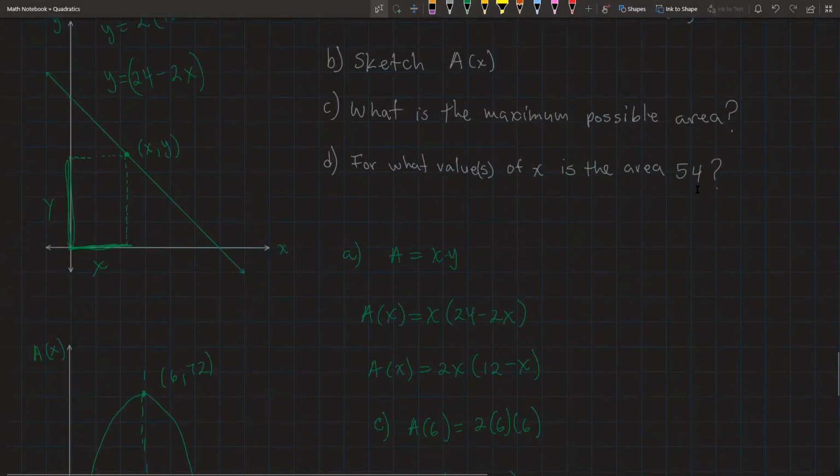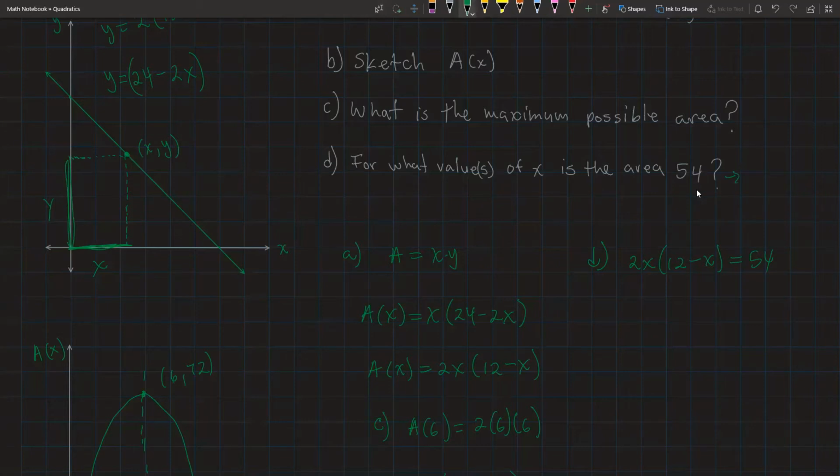The last one is the algebra problem, back to algebra. And that might be more intense for you guys, and even for myself. The area equation was 2x times 12 minus x equal to 54.